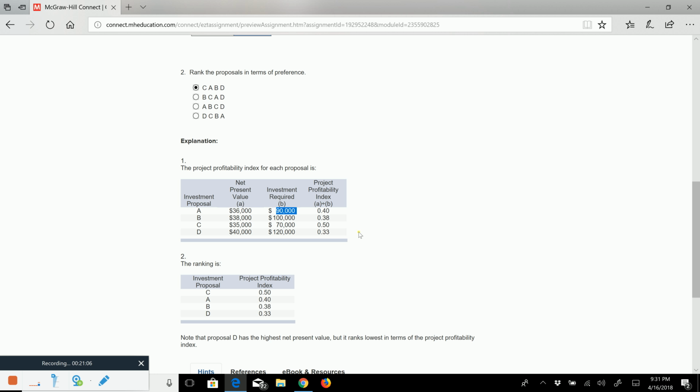The higher the profitability index, the better the project is going to be. So the ranking is going to be C first, A second, B third, and D last.